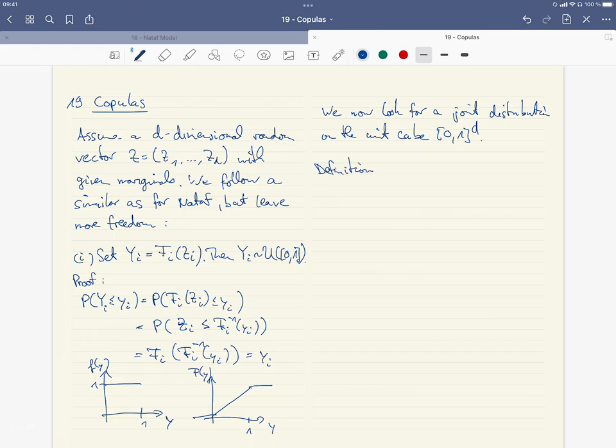And this is what a copula actually is. It's an admissible d-dimensional joint CDF of uniform random variables.